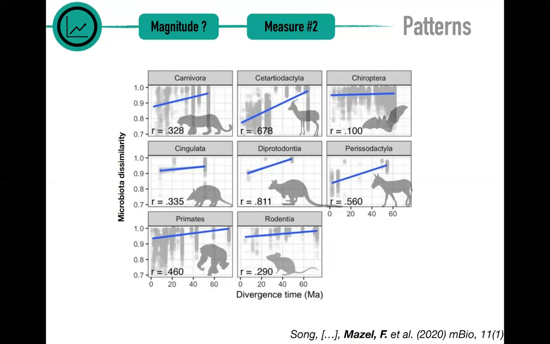Here you see the correlation between microbiome dissimilarity between species and their divergence time or phylogenetic distance. There is a positive correlation for most groups of mammals, except again bats. Bats are kind of weird. Within mammals, they have a non-specific microbiome that looks like the microbiome of birds. But except for bats, there is a positive and significant correlation between microbiome dissimilarity and phylogenetic distance, so that specificity extends in deep time.